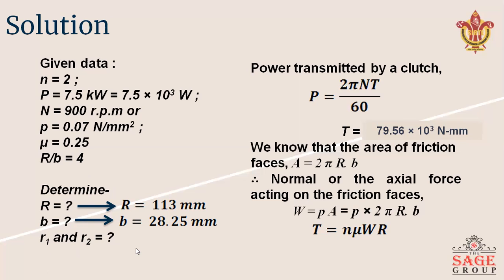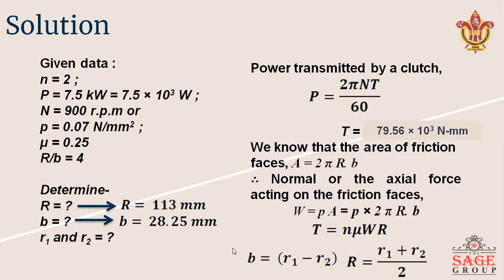From the figure, which we have already discussed at the time of derivation, face width b equals R1 minus R2. And we know that for the uniform wear theory, the mean radius capital R equals R1 plus R2 divided by 2.